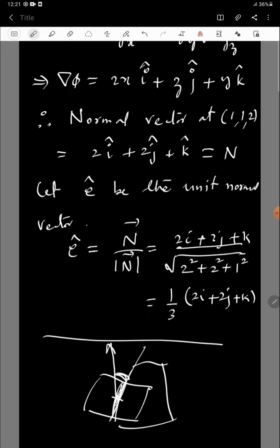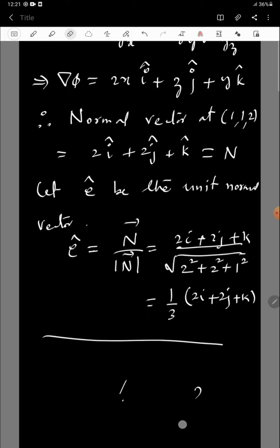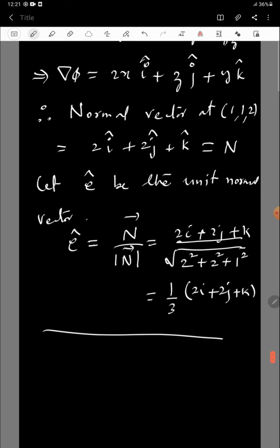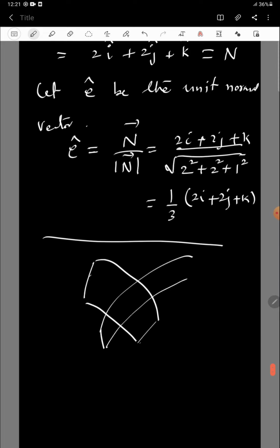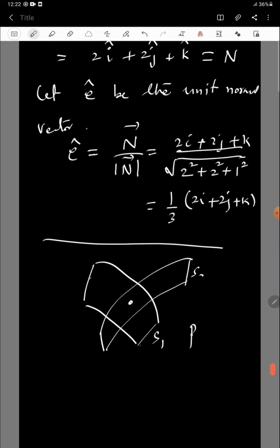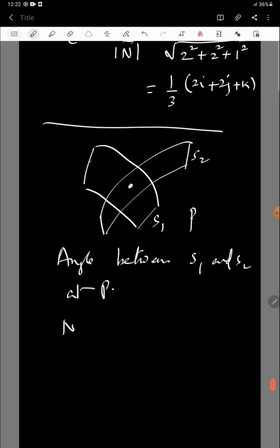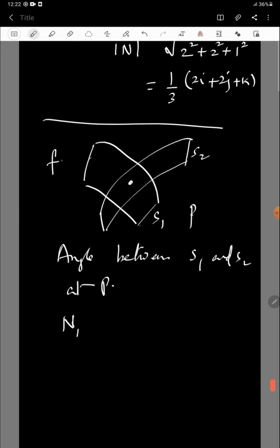Let me draw a proper picture: one surface in this way, another surface in this way, and at the common point P, which is the point of intersection of surfaces S1 and S2, if we want the angle between S1 and S2 at P, then we have to calculate N1, coming from the surface equation f equal to 0.